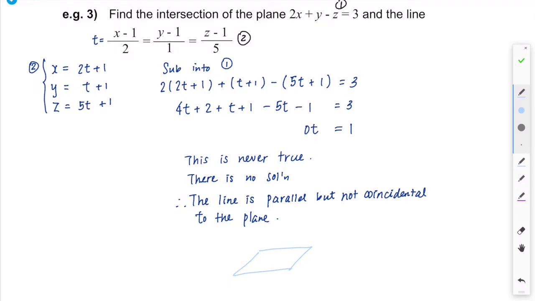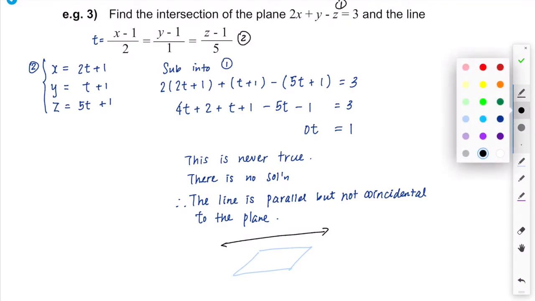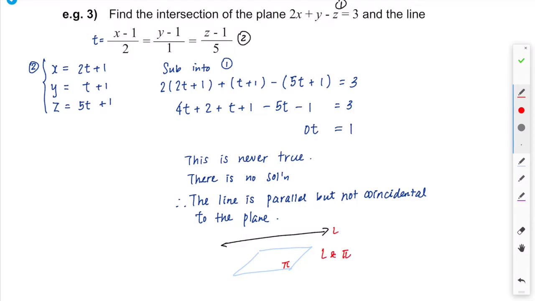Here's the plane. Here is my line. It's kind of like floating above the plane. So this L and the plane are non-coincident. Like that. Okay, again, big and fancy. All right.